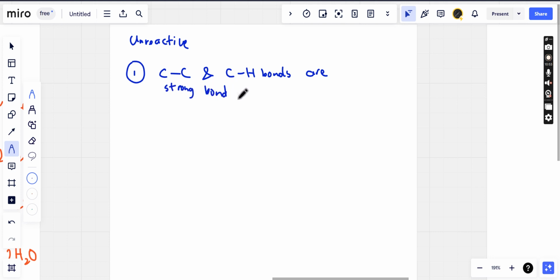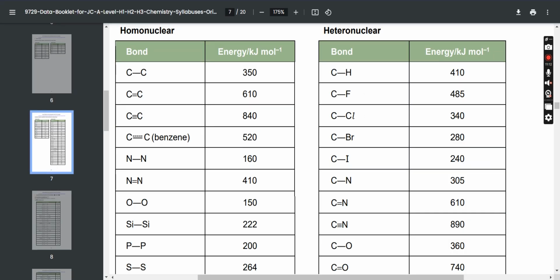So they don't break easily. The activation energy is very high, so they don't break easily when reacted with nucleophile or electrophile. So I have a data booklet with me, I can show you.